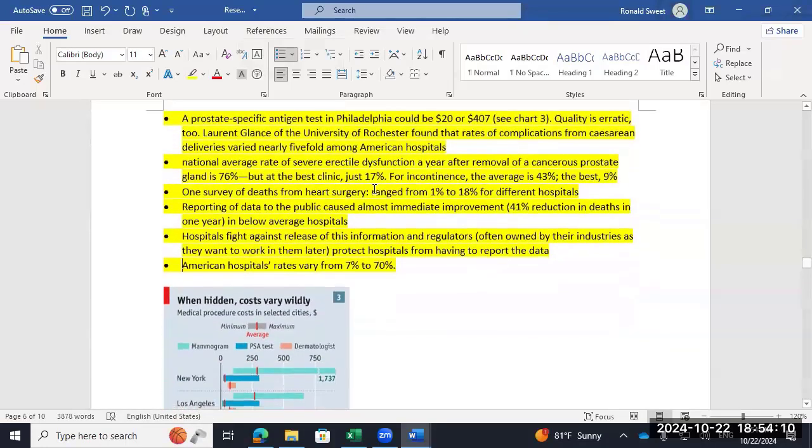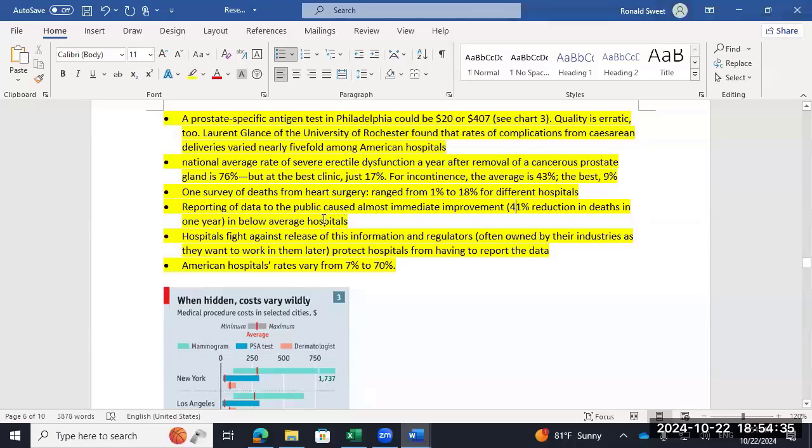So for heart surgery, the deaths range from 1% to 18%. Reporting of the data are here. This function here, cancerous prostate gland is 76%. Best is 17%. Incontinence, 43%, 9%.